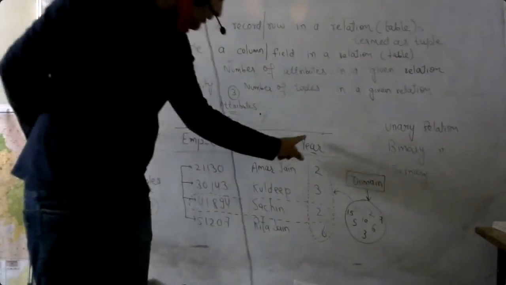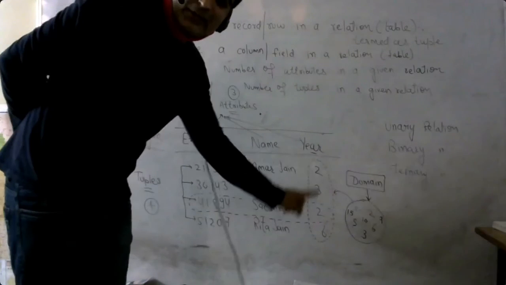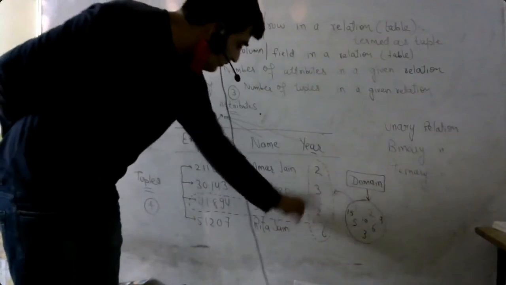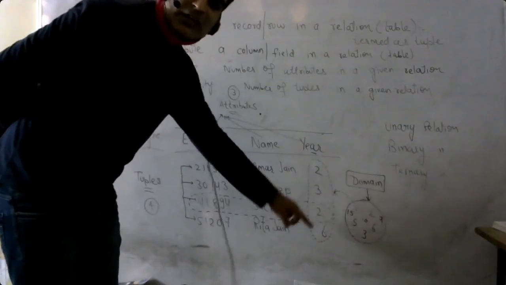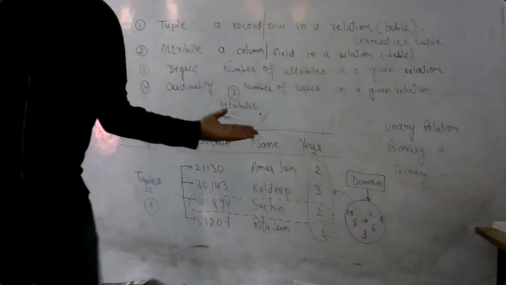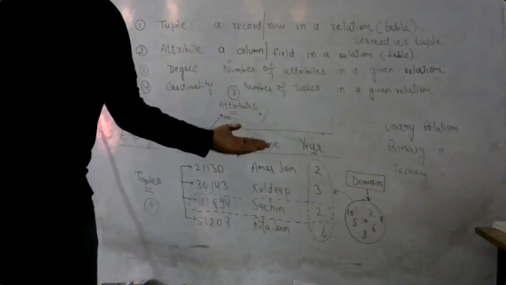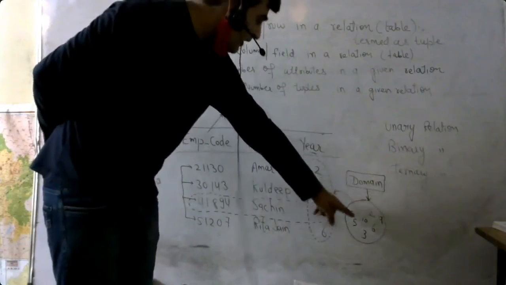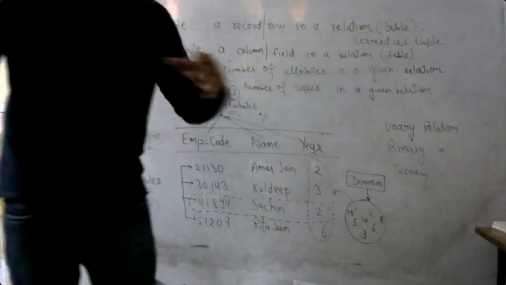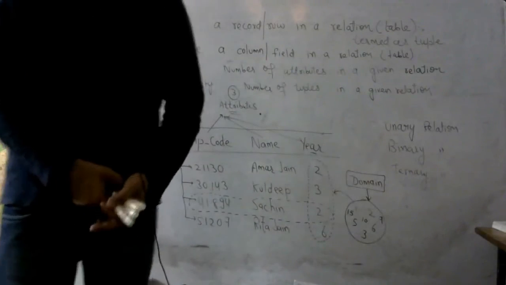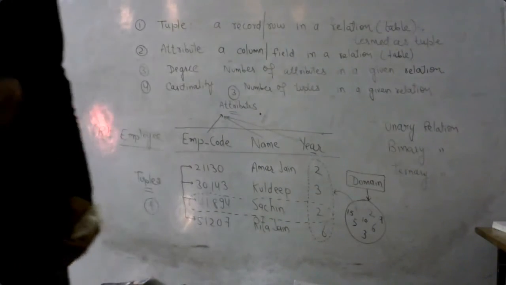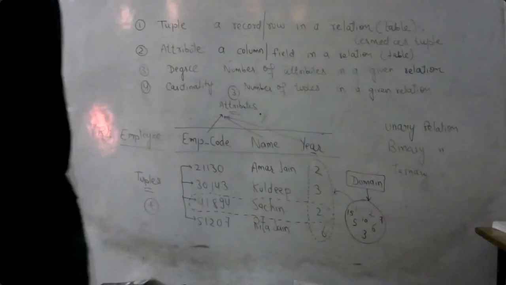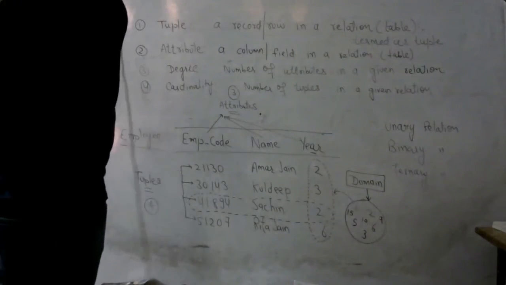One more thing, a particular attribute or column or field might have the same values more than once, because 2 faculty members or 2 employees might have the same number of years of experience, but in the domain it will reflect only once, because it is a pool of values from which some or all values appear for a given attribute. Any other doubt or question?